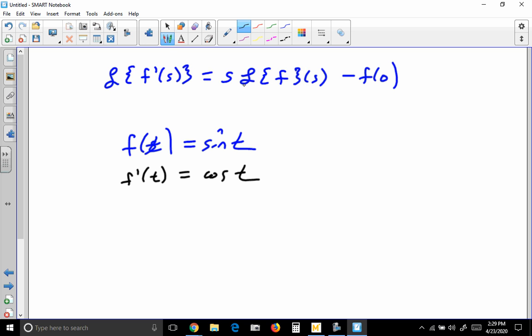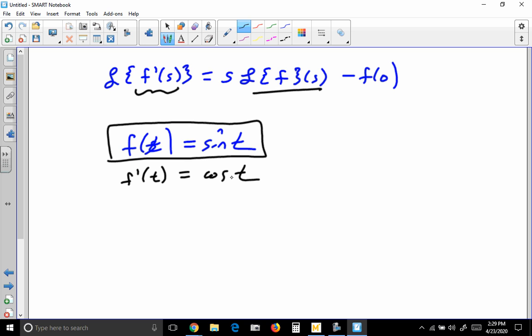Let's suppose that we only knew the transformation of sine, and we wanted to get the transformation of cosine, which happens to be the derivative of sine, then we could use this formula.